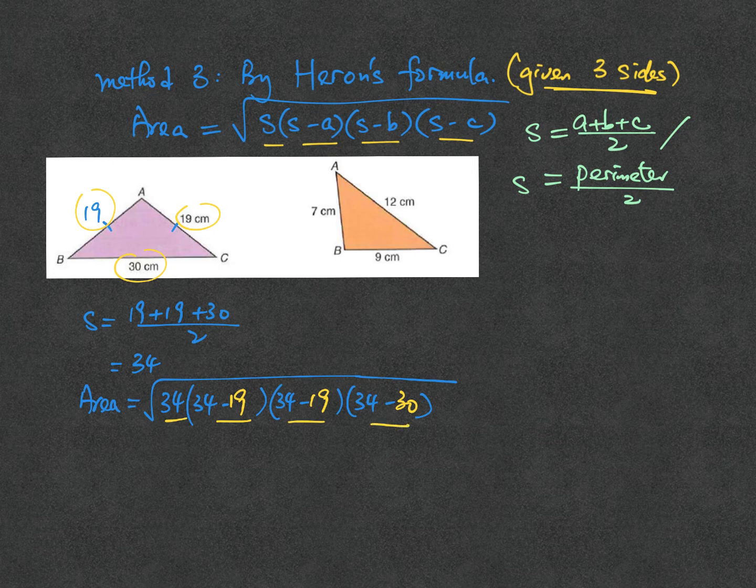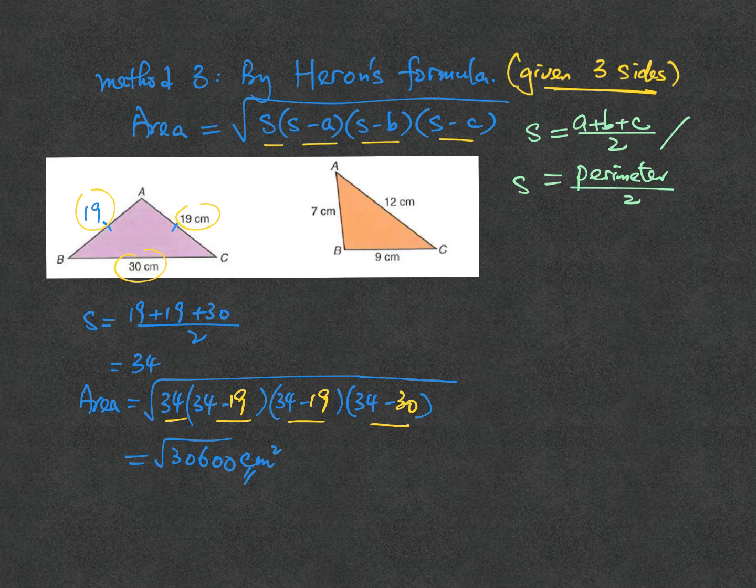The next one is 34 minus 19, the next one also 34 minus 19, and lastly 34 minus 30. Do it very carefully, and finally you obtain the square root of 30600. Don't forget to add the unit cm squared.